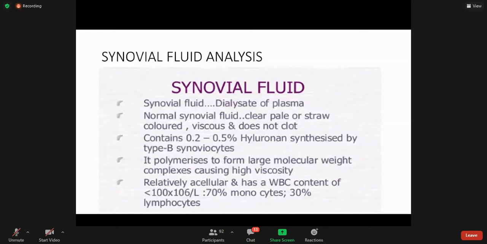So normal synovial fluid is clear, pale or straw colored, and it's viscous and does not clot. This is important. And it contains 0.2 to 0.5% hyaluronan synthesized by type B synoviocytes. Hyaluronic acid, when did you study this in biochemistry in first year? Hyaluronic acid makes the ground substance of the cell.